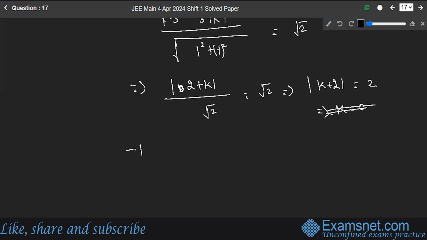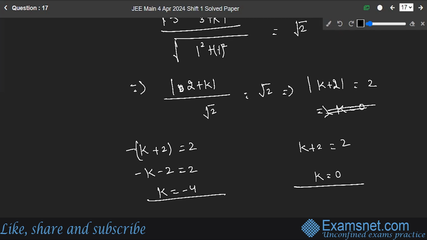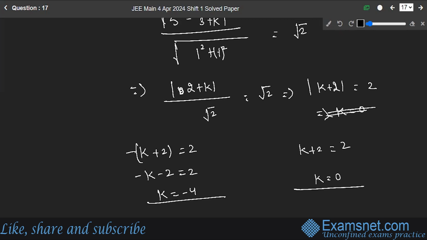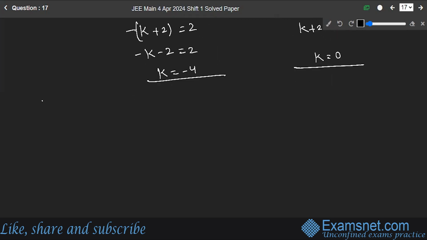First one, minus of k plus 2 is equal to 2, or k plus 2 is equal to 2. This gives you k is equal to minus 4, or from here, you will have k is equal to 0. These are the two possible values for k. So that means the line could be y is equal to x plus k.